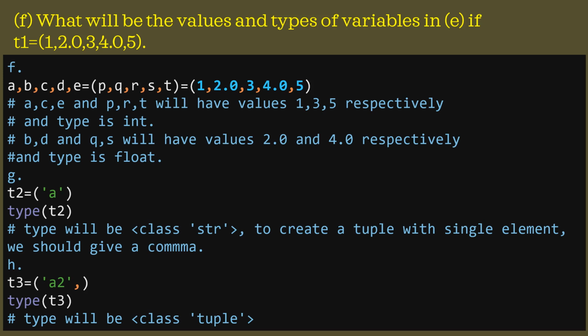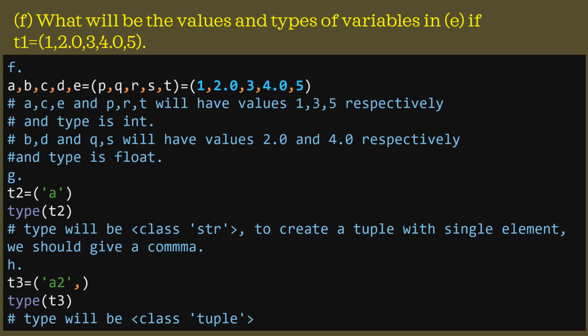So a equal to p equal to 1. a and p will be assigned the value 1, b and q the value 2.0, c and r the value 3, d and s the value 4.0, and e and t the value 5.